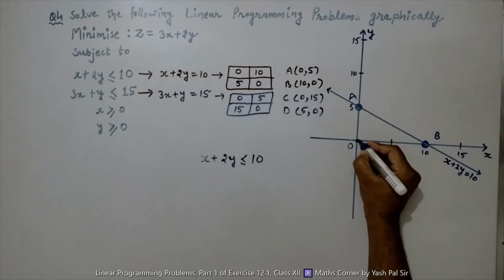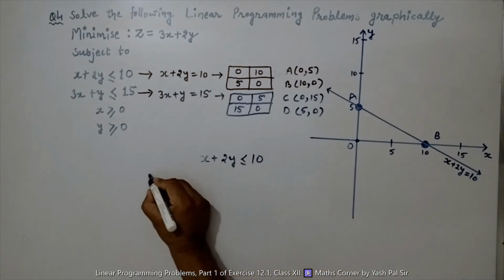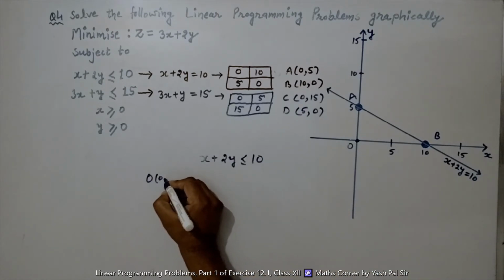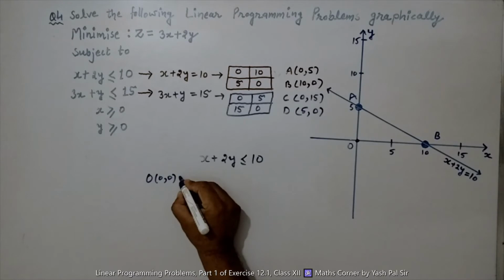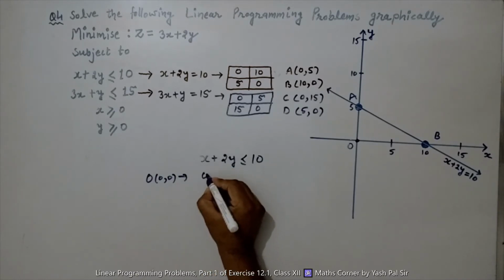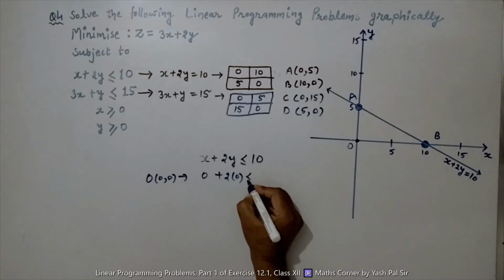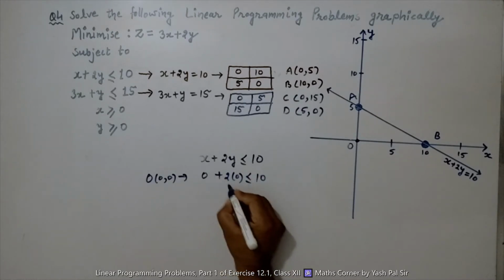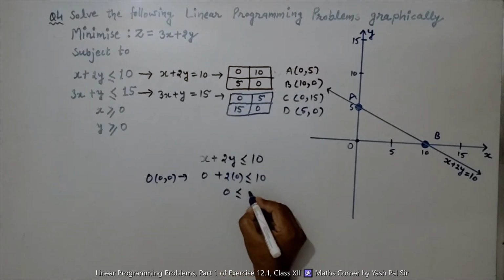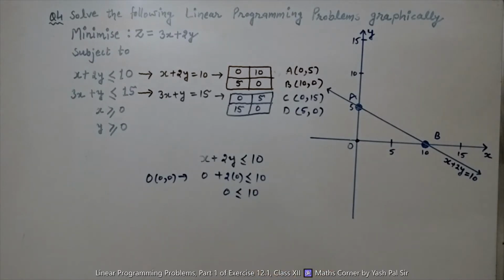Now we take any point, suppose O origin is the point, coordinates of origin are 0, 0. So we put x value 0 plus 2 into y also 0 less than or equal to 10. So whole is 0 is less than or equal to 10.